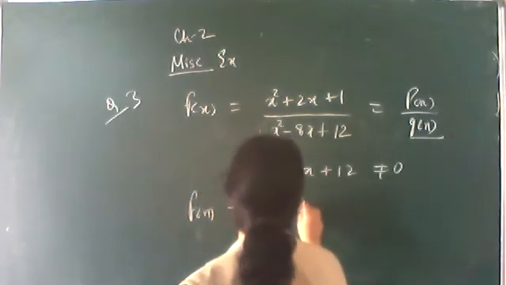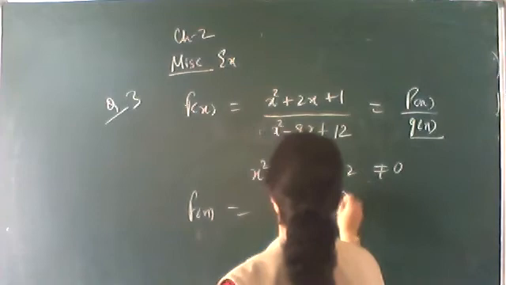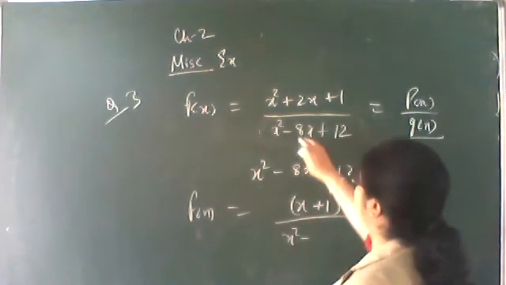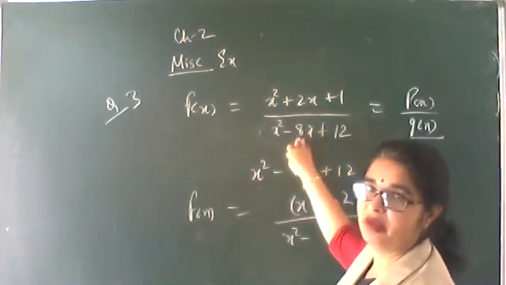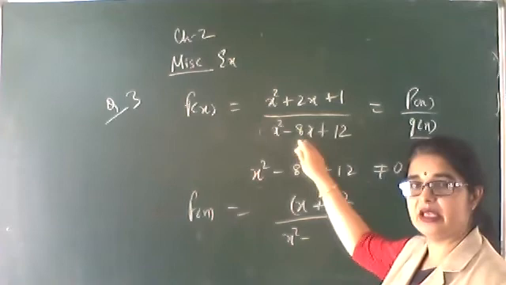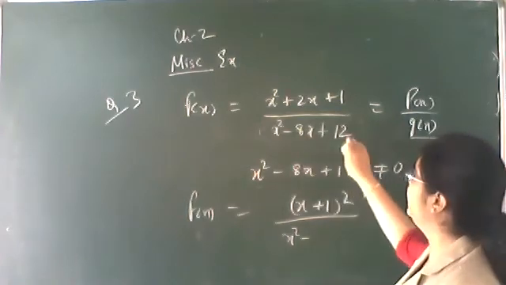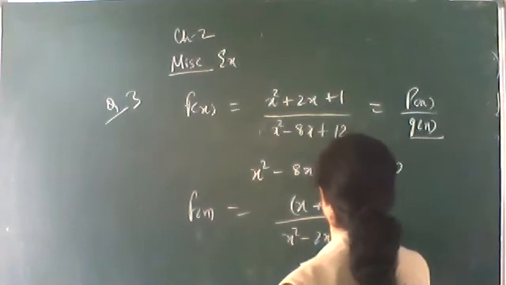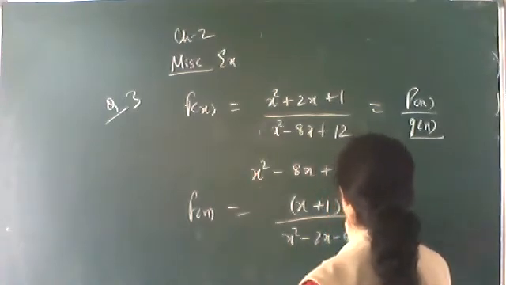If we factorize this function, what are we going to get? f(x) = (x + 1)² divided by x² minus... just see what we can do. 2 and 6 can be the factors. −2x − 6x is −8x, and (−2x)(−6x) will be 12x². So x² − 2x − 6x + 12. I am only doing factorization.